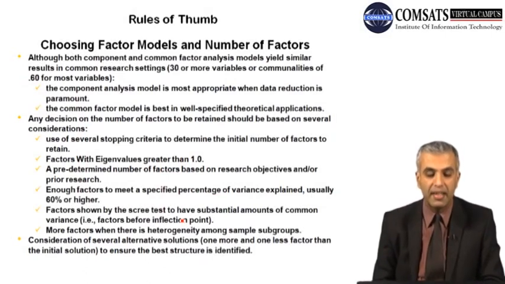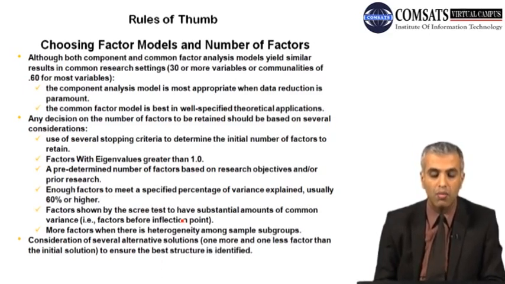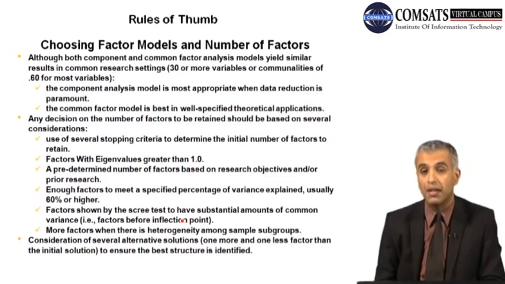Such rules are very vital in determining the number of factors, and the first important rule here is that although both of the methods we have discussed, component and common factor analysis, may yield similar results, in order to have those similar results it is vital that we have 30 or more variables, and communality of variance of roughly more than 0.60 for most variables.